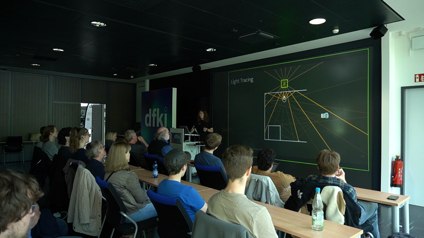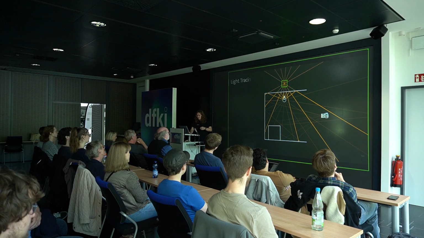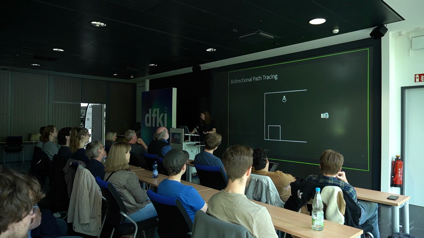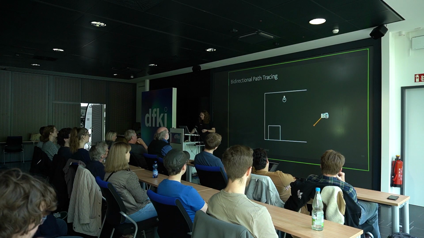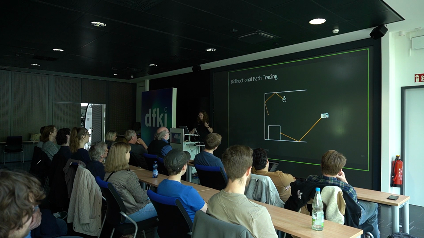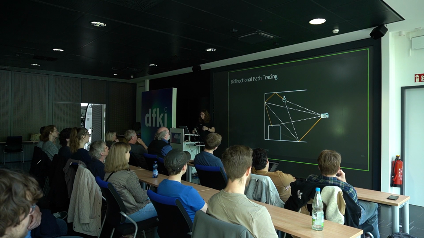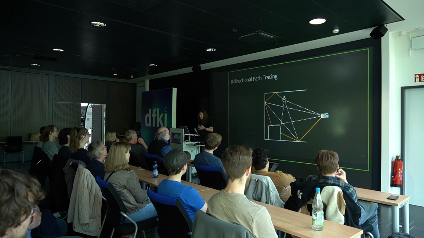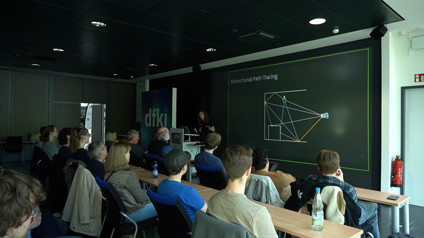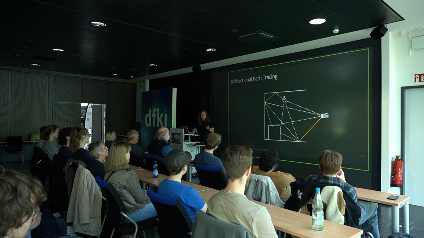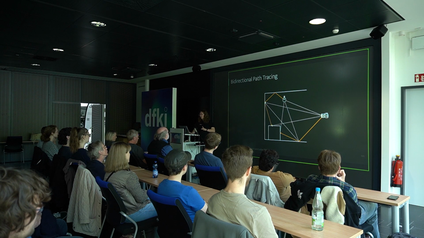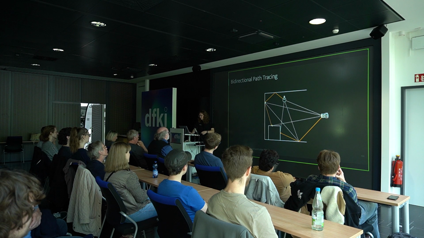A powerful strategy is to combine path tracing and light tracing, which gives rise to so-called bidirectional techniques. For example, we can connect camera subpaths like this one and light subpaths at each vertex. While bidirectional techniques are very powerful, they are also very tedious to implement, which is why most renderers stick to plain path tracing. And as we'll see later, they also still struggle to sample certain focal points.